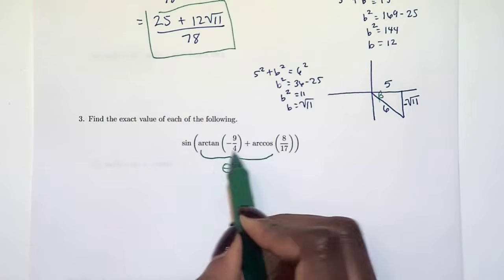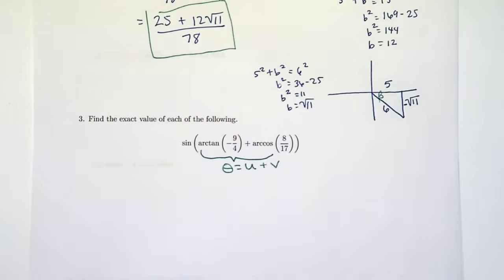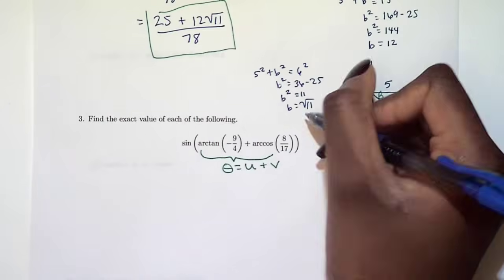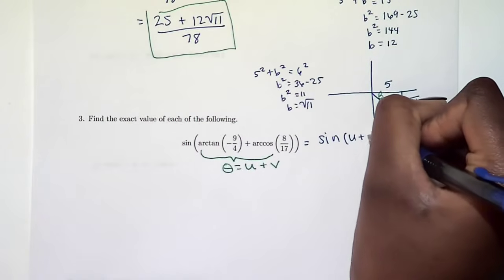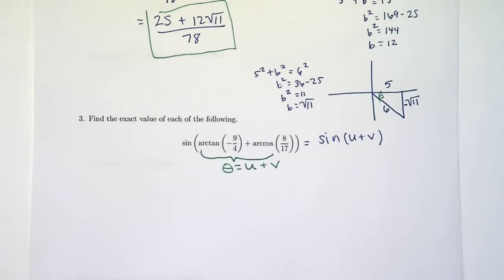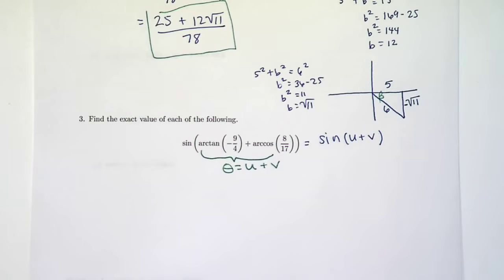Our theta just happens to be broken up into two angles. I'm going to call them U and V, just so they match our formulas. So if this is U and V, the problem we're asked to answer is actually just sine of U plus V, our two angles. That means we can use our sum formula.